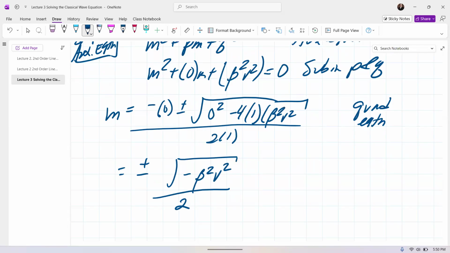Okay. Now we can pull this out of the things in the radical. All right, what is the square root of beta squared? It's beta. What is the square root of V squared? It's V. We also have a minus sign under there. What's the square root of minus 1? It's I. So we have BVI over 2.